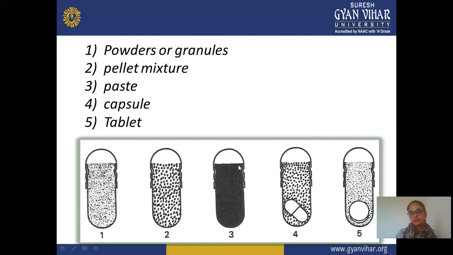Next is paste. You can see this is a semi-solid form, or maybe a thick form, that you put in your hard gelatin capsule shell in a paste form. And after putting the required amount of paste, or filling of this capsule, you put the cap part or close the capsule body with the help of the cap. Next is capsule.